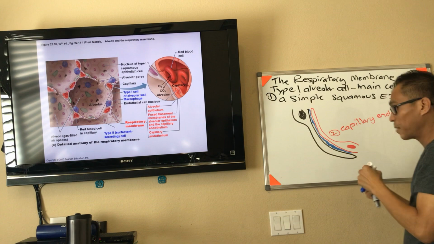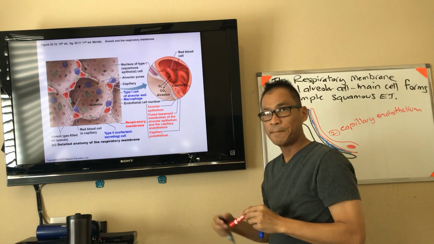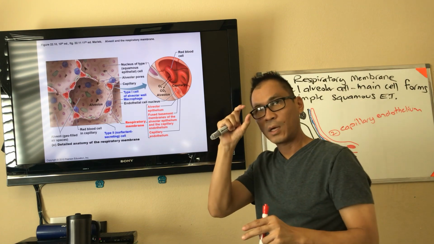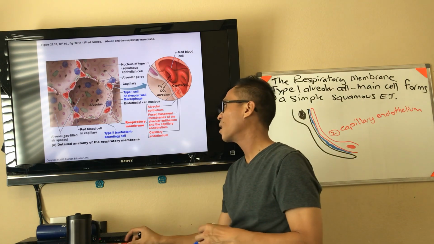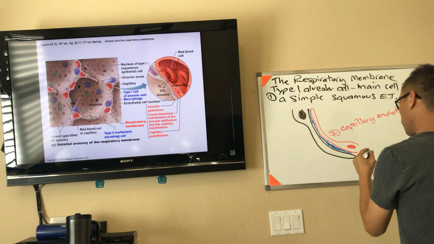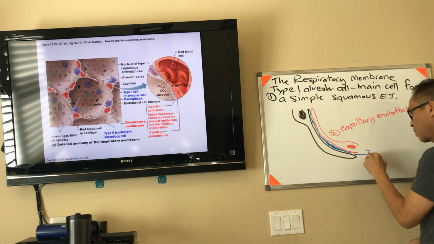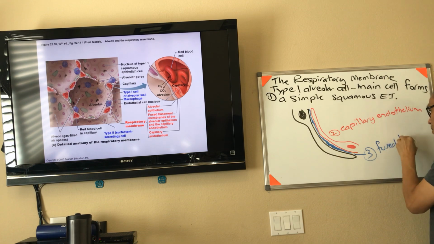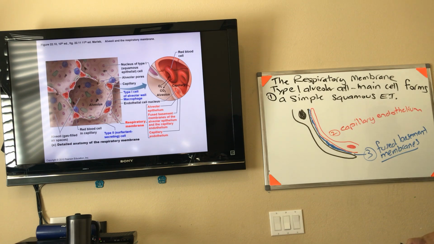And then number 3, that I used in blue, the fused basement membranes of these cells that kind of fuse them together, forming a single respiratory membrane. It's membranes plural because it's the basement membrane of this cell and that cell.